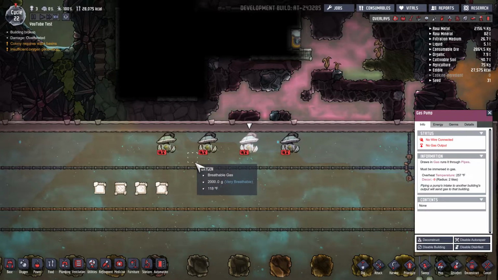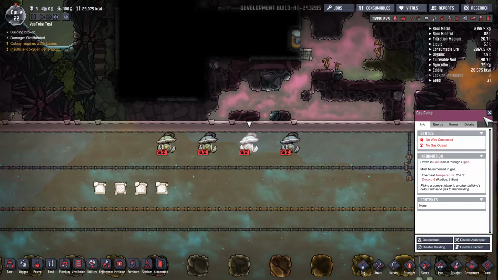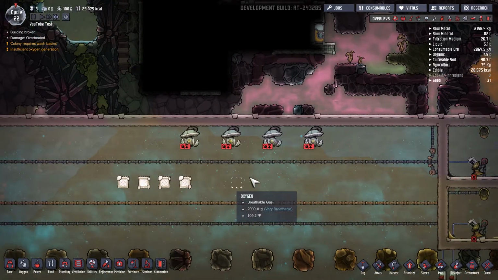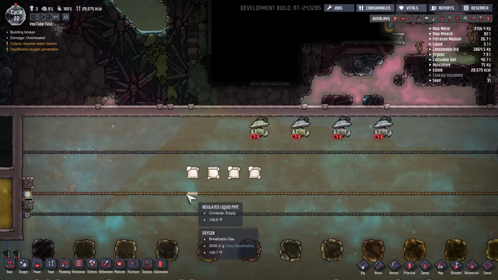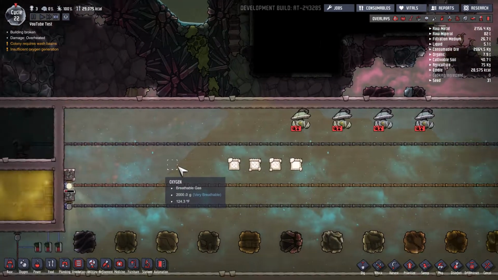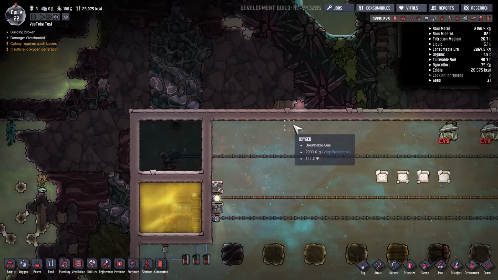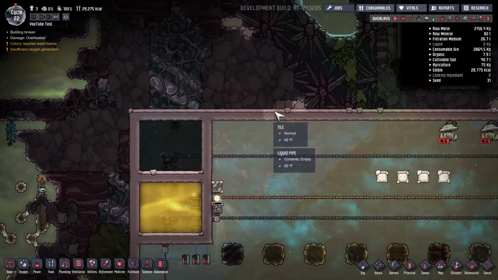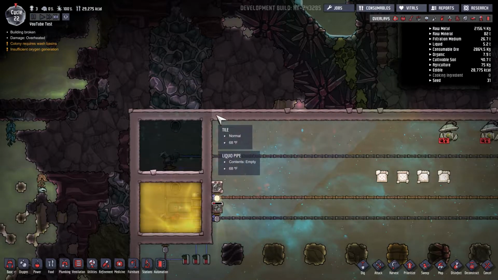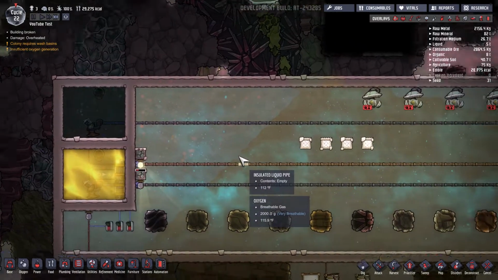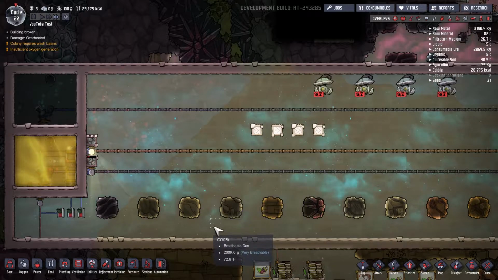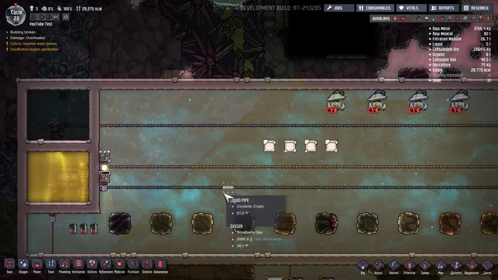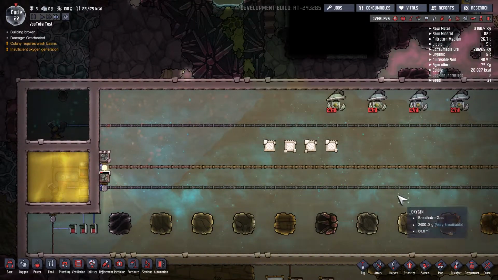Now, there are also a few other things you can look at, such as flooring. If you're afraid that you're going to have heat transferred from one area to another and want to insulate that area, use abyssalite. If you're not too concerned about it, you can again use whatever material you have available.